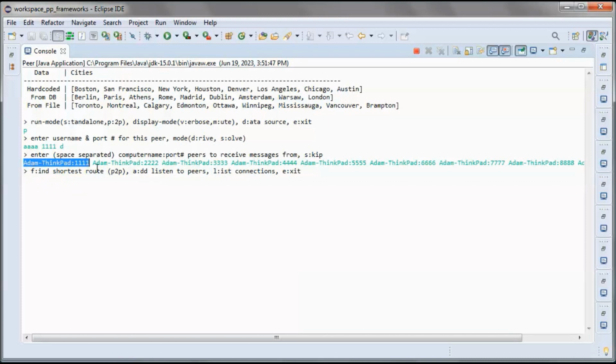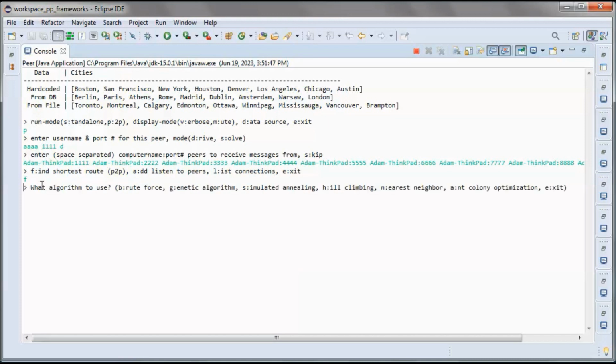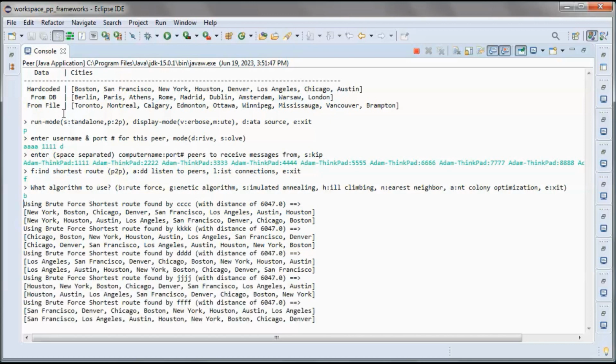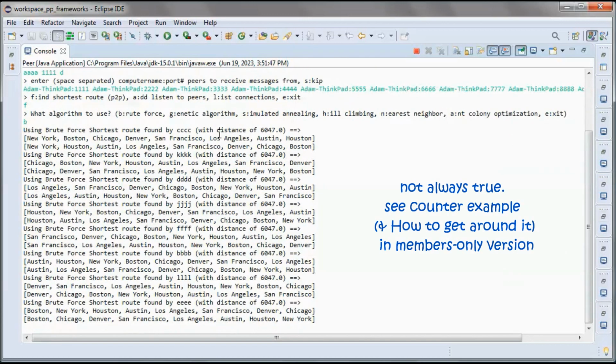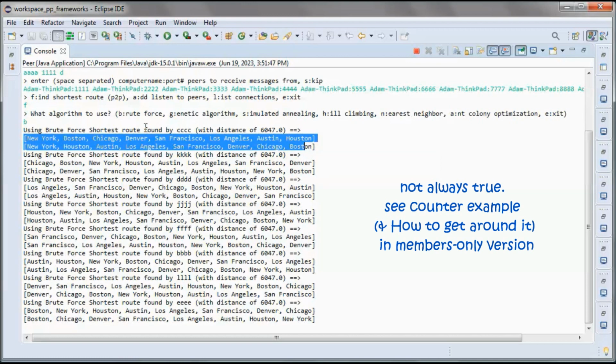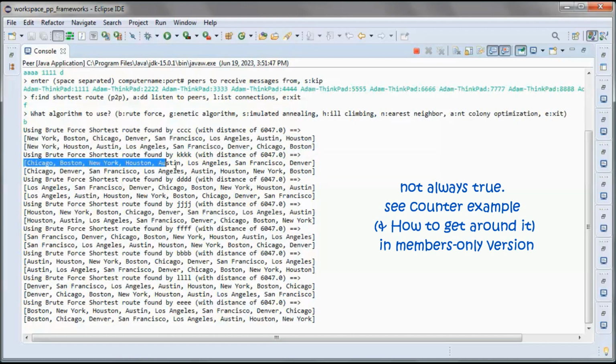Here we can find the shortest route, and we can use brute force to do that. So each one of the 8 peers found its set of shortest routes, two of them.